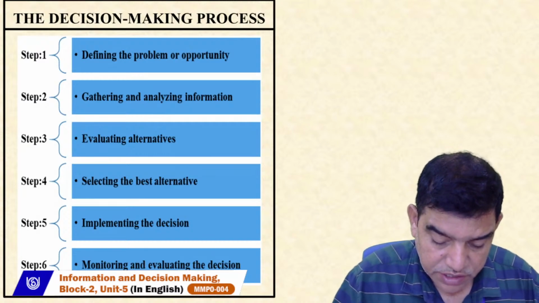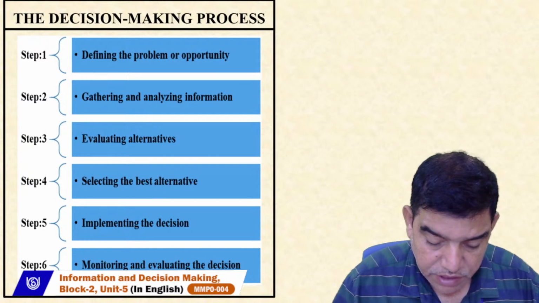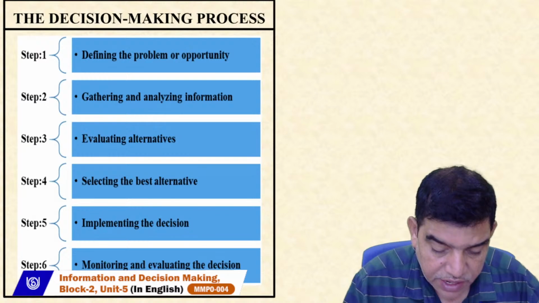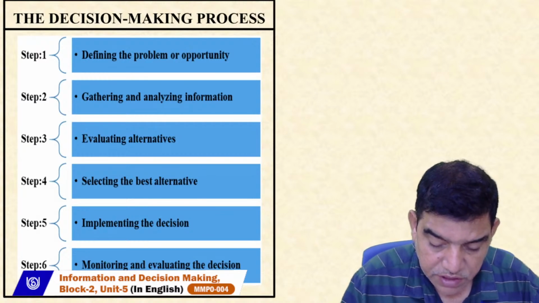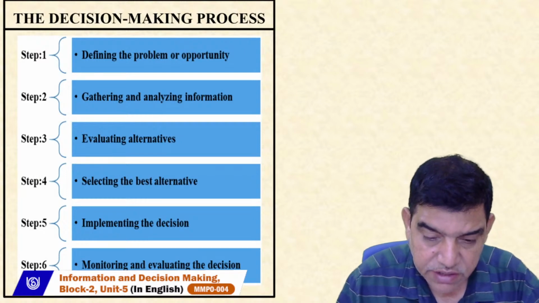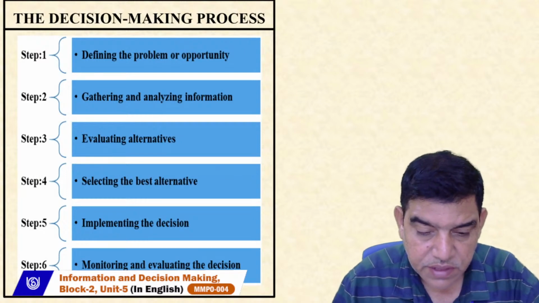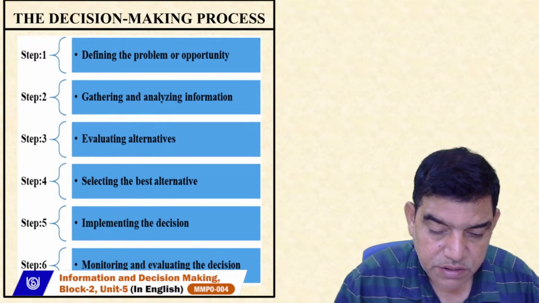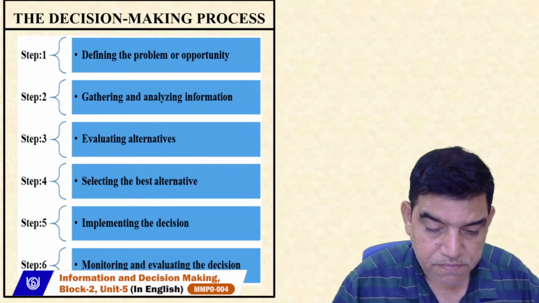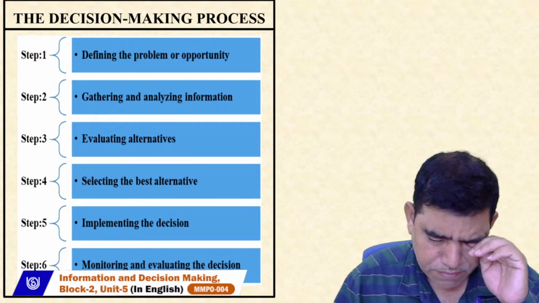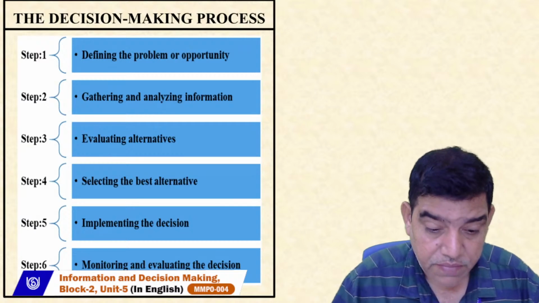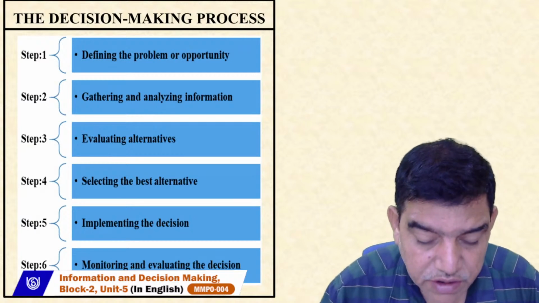Then consider the alternatives. Evaluate each alternative in light of the objectives and criteria we have established. Consider the advantages and disadvantages of each option. Then consider the following outcomes.